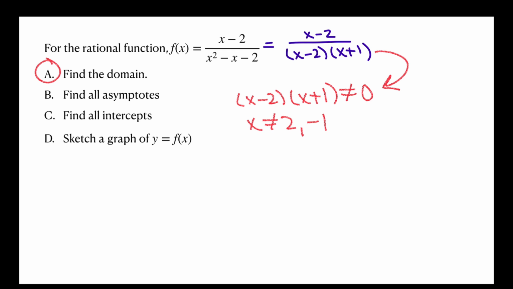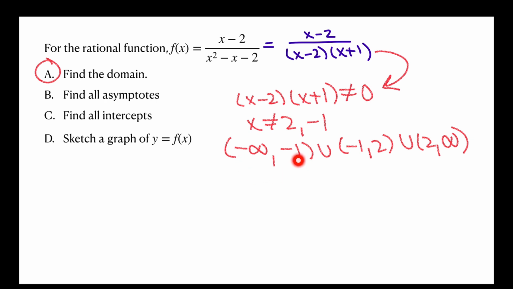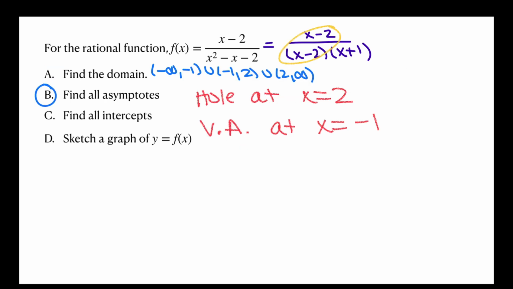Those are the zeros of my denominator. In interval notation, that's everything from negative infinity to negative 1, not including the negative 1, and then everything from negative 1 to 2, and then everything from 2 to infinity, again not including that 2. So domain: denominator can't equal 0.